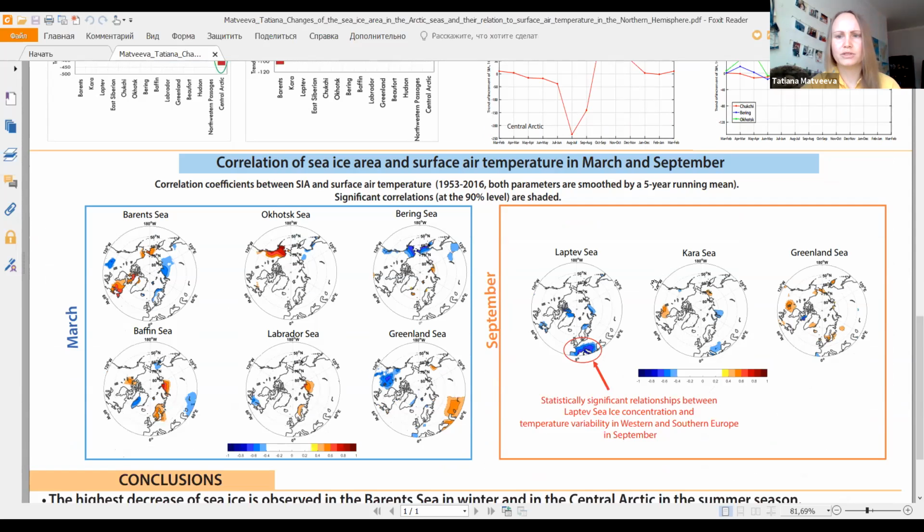I'd like to draw your attention to the orange box, September correlation, and some interesting remote feature in the Laptev Sea. You can see a strong negative correlation in the European parts.